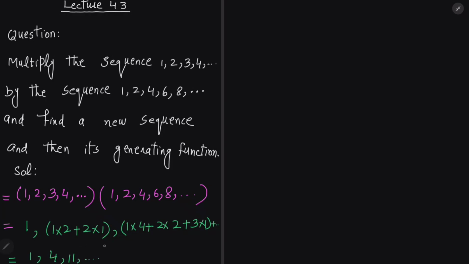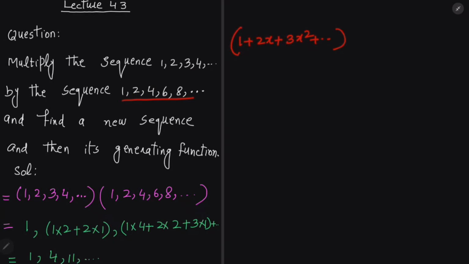If you don't understand this idea, then you can simply write, as we know in generating functions, that this sequence gives us 1 plus 2x plus 3x squared, and so on.